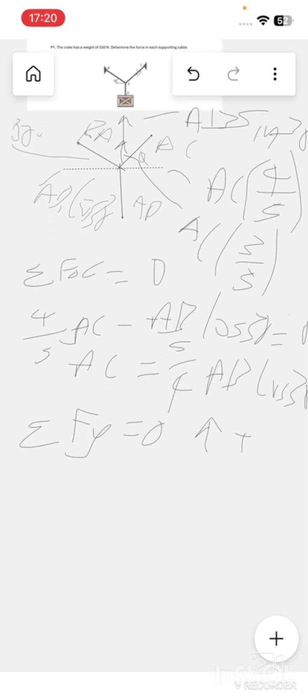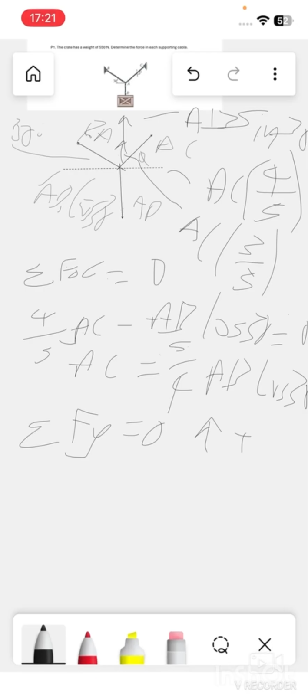Therefore, we need another force, AD, but we haven't done anything to it. Did they give us AD? Yes, they gave us AD. They said the crate has a weight of 550 Newton, so it means we have AD.